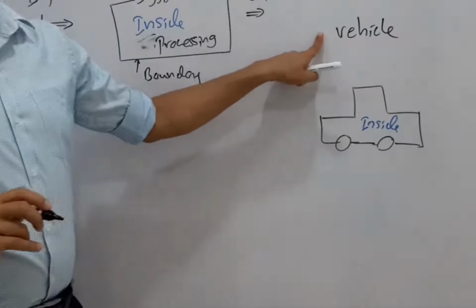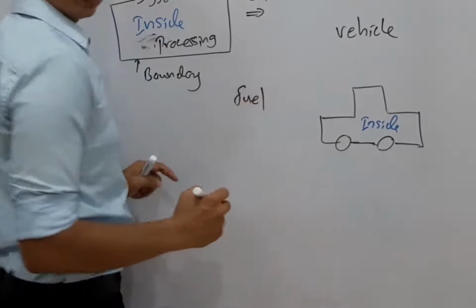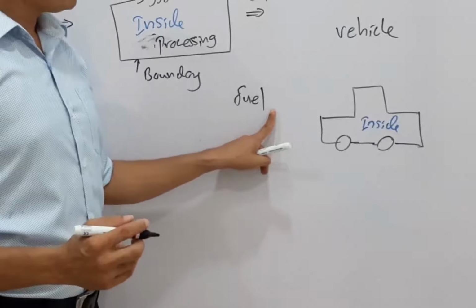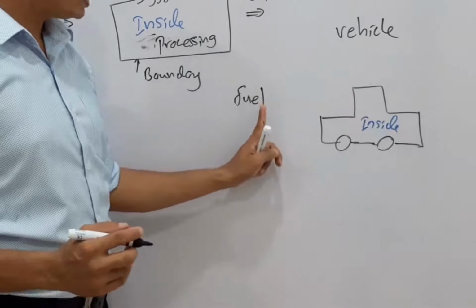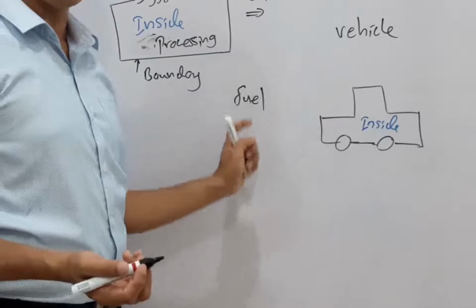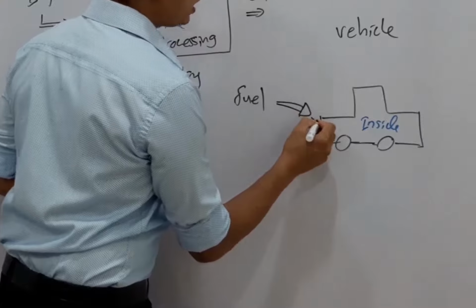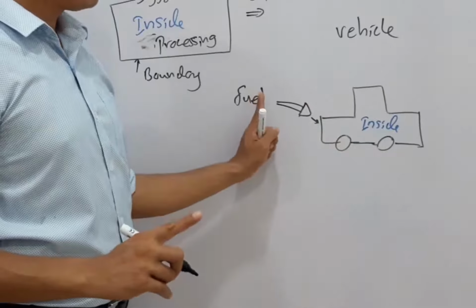What are the inputs for a vehicle? We know that fuel, we have to pump fuel. That's an input. Is that given from outside the vehicle or from inside it? The fuel, is that generated inside the vehicle or do we have to pump it? We have to pump it. Then this input, is that given within the system itself or from outside? Outside.